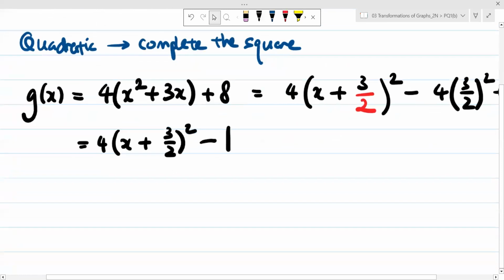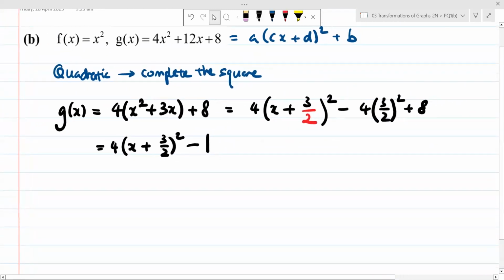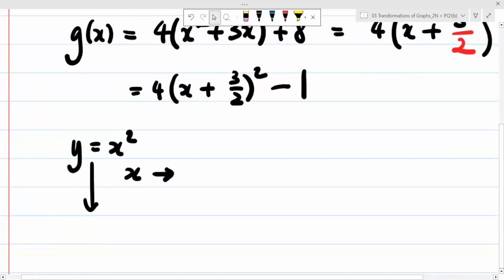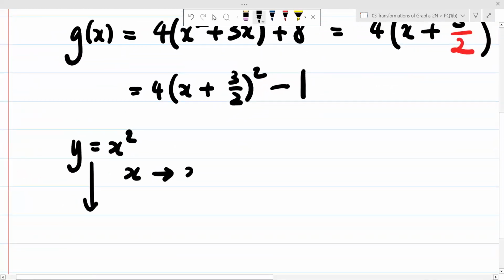Okay, so in this case, first step, replace x with x plus 3/2.